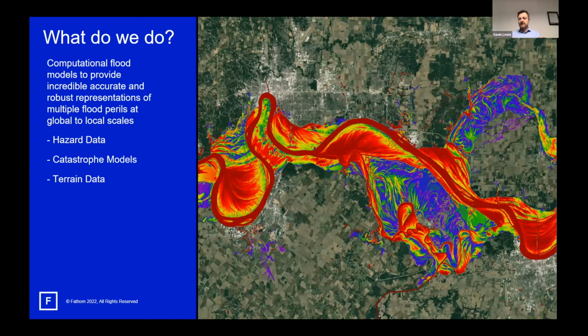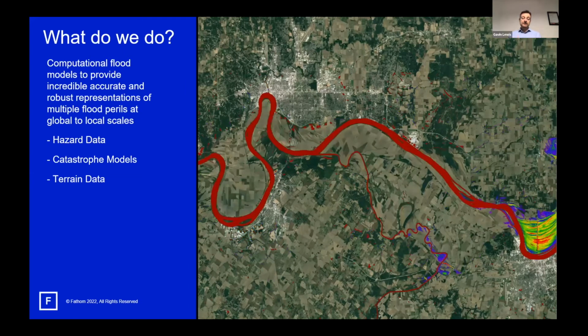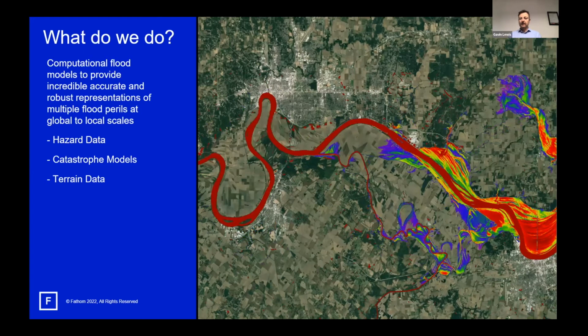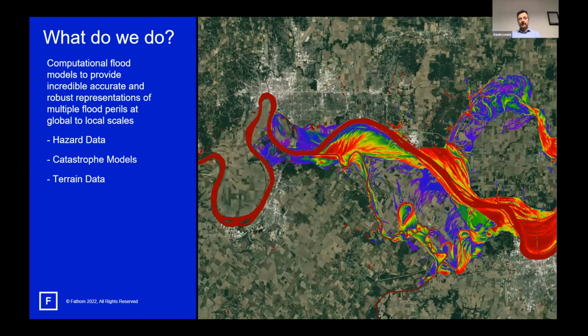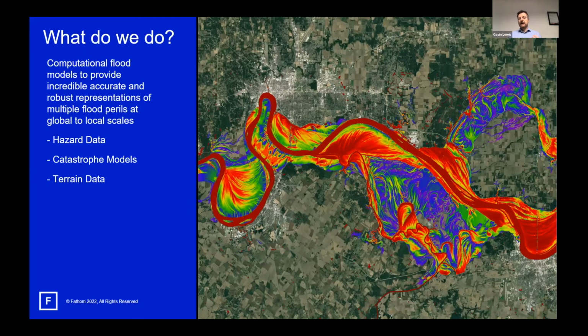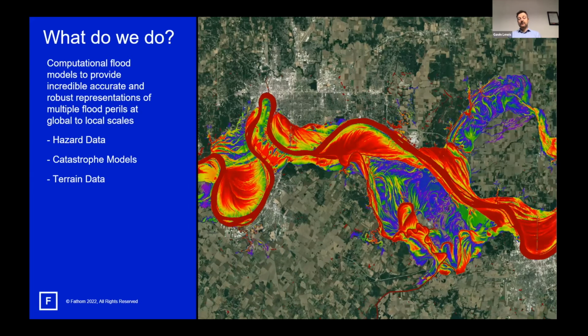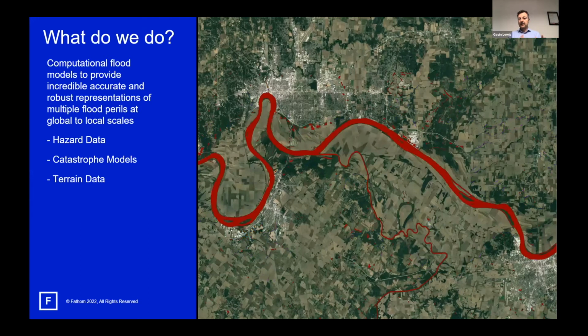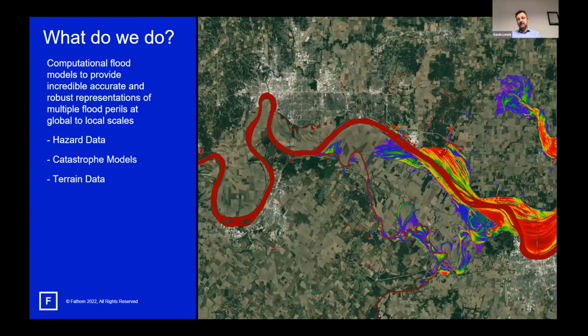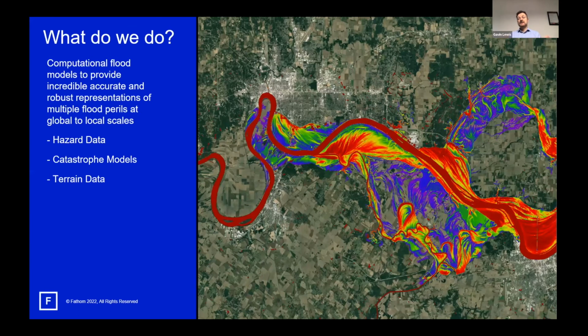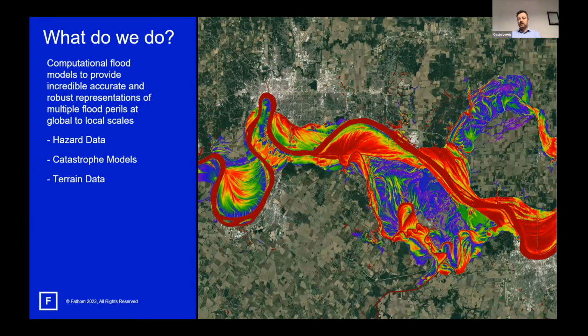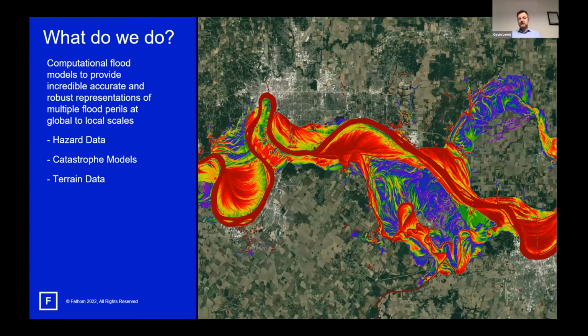Once we've created those data sets, that's allowed us to then develop stochastic or CAT models, which we have done for the insurance market. And that allows us to create from the elements of the flood map effectively a synthetic event set, looking at the vulnerability of properties to flooding, for us to then calculate a financial loss or average annual loss to assets due to flooding.